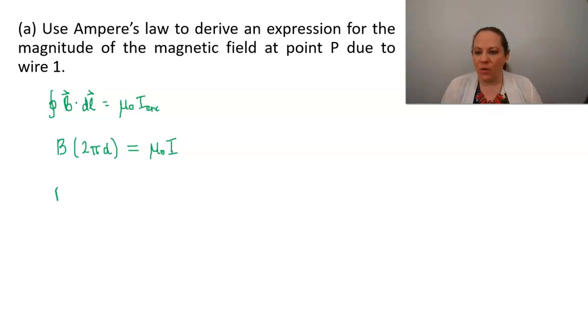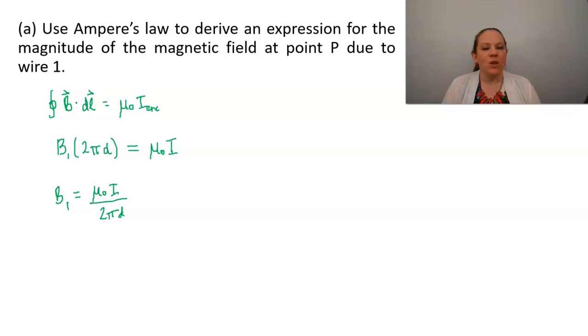So this magnetic field, we could even call it B1, is equal to mu naught I over 2 pi d.